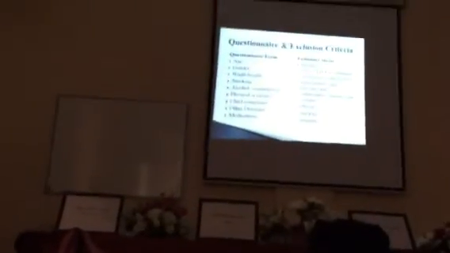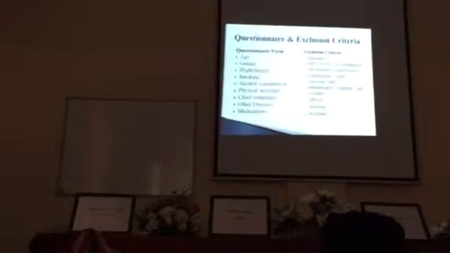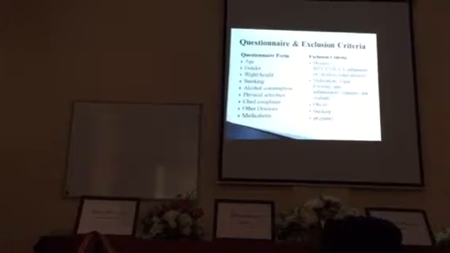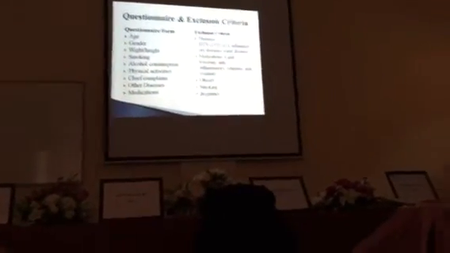About the questionnaire form and exclusion criteria. The questionnaire form included questions about age, gender, weight and height, smoking, alcohol consumption, physical activities, chief complaints, other diseases and medications. Exclusion criteria: the diseases excluded in our study were hypertension, cardiovascular disease, all types of cancers, inflammatory diseases like osteoarthritis, rheumatoid arthritis, ulcerative colitis, and any type of inflammatory disease, and renal diseases.